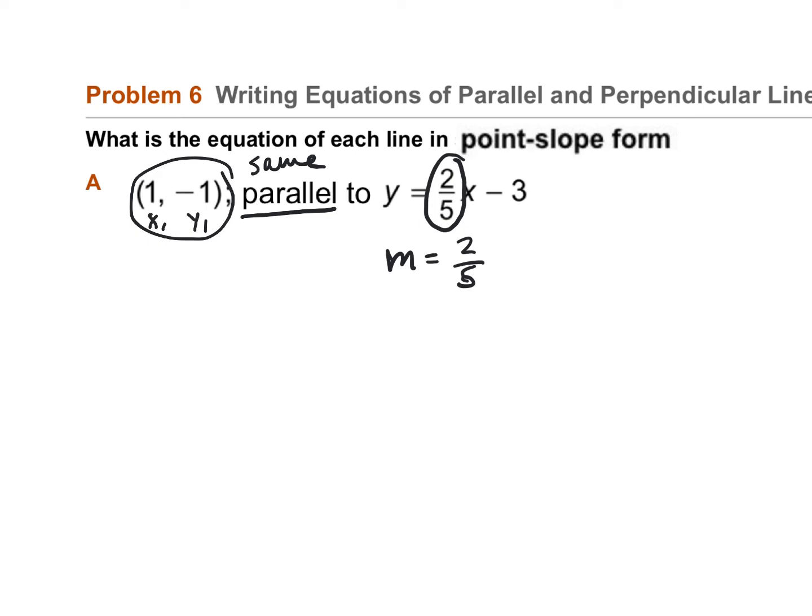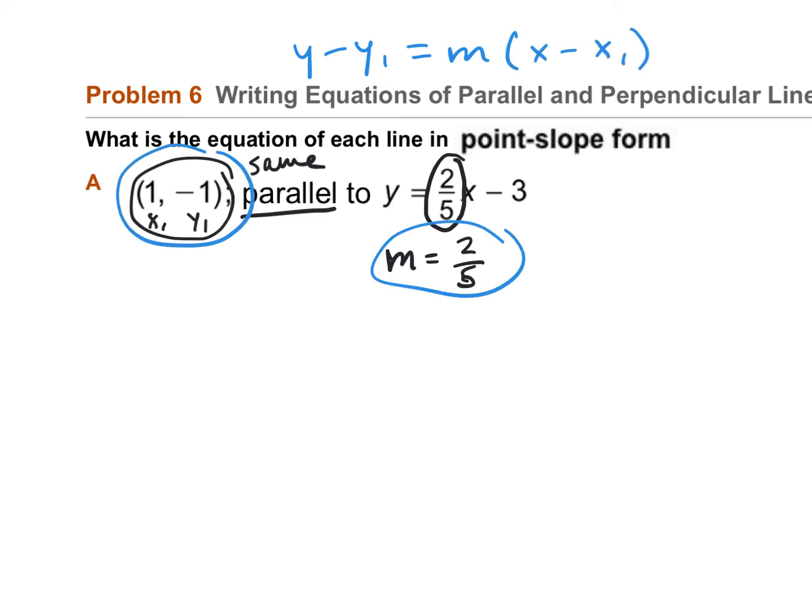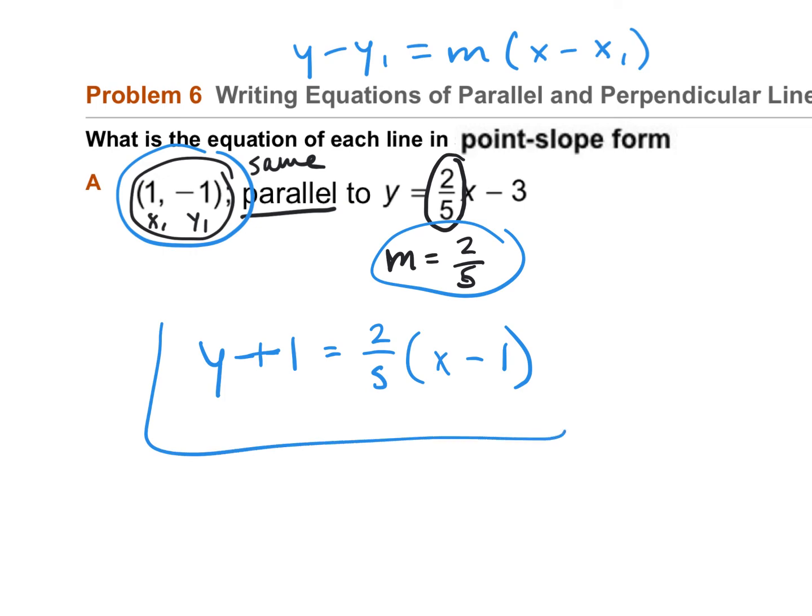And again, our point slope formula is y minus y1 is equal to m times x minus x1. So we plug in our m, y1 and x1. So y minus y1, which is -1, minus a negative becomes a plus, so y plus 1 is equal to the slope times x minus x1, which is 1. So this is our line in point slope form.